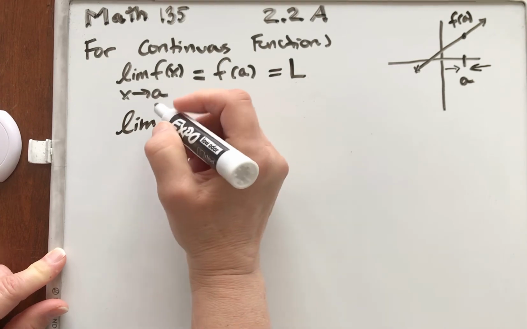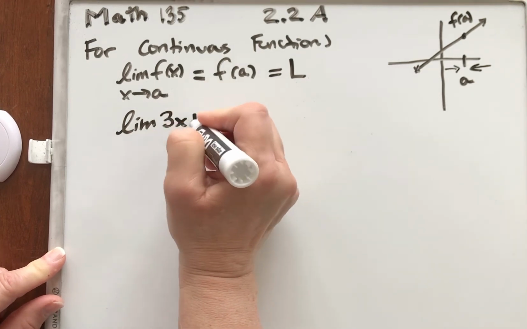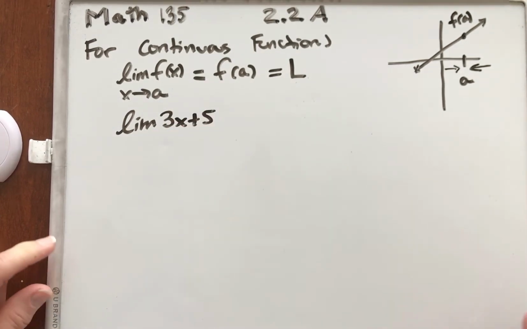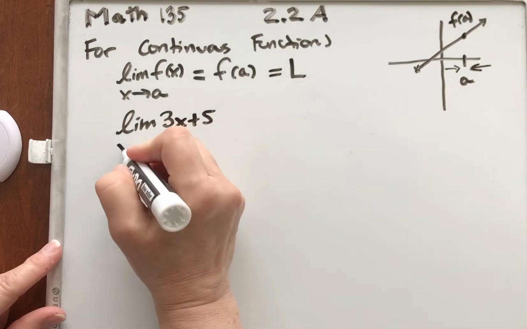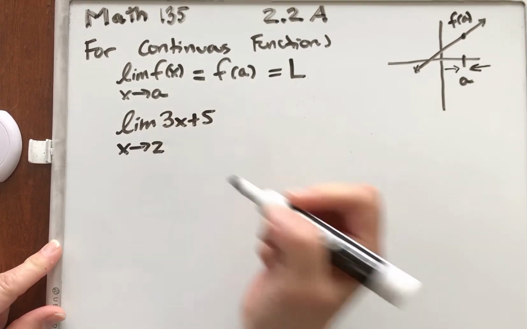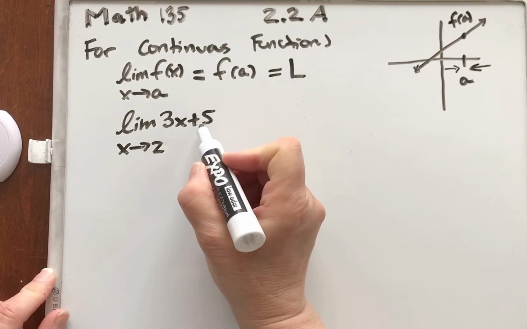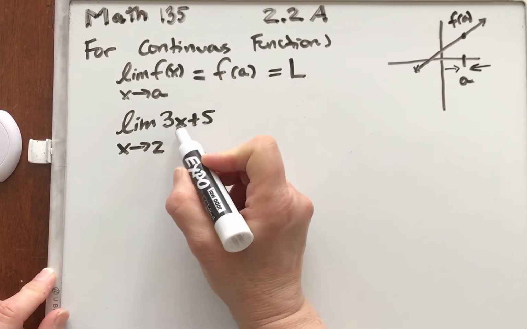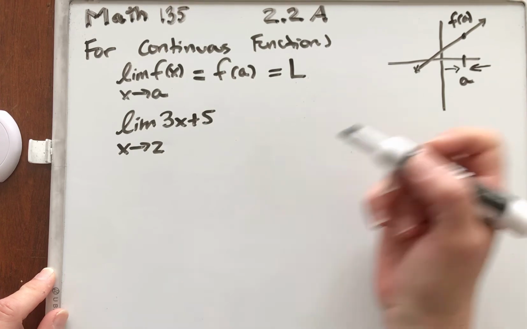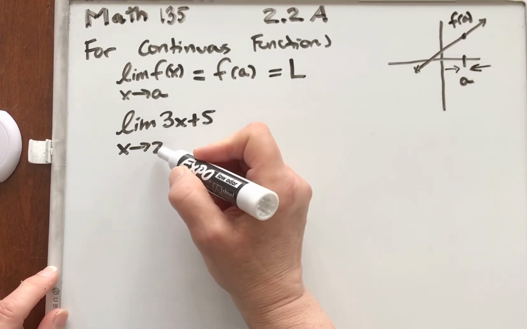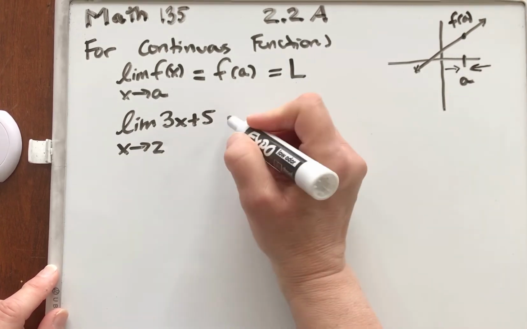Let's do some examples. Let's look at the limit of 3x plus 5 as x approaches 2. Well, is 3x plus 5 a line? Of course it is. y equals mx plus b. This is a line. A line is continuous, so we can evaluate and put the 2 straight in there.